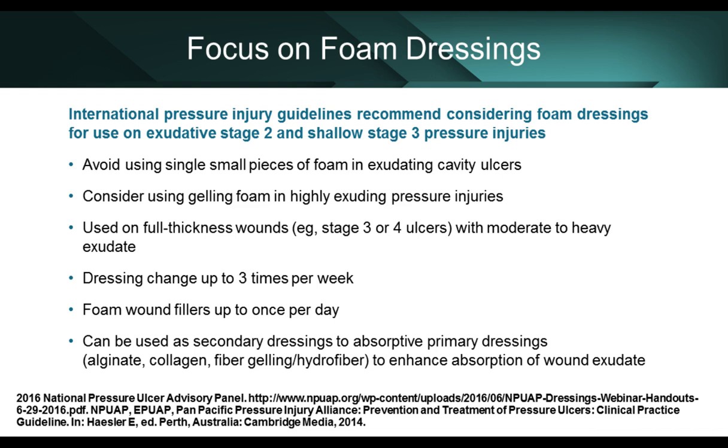Consider using a gelling foam for those wounds that are highly exudating. You can consider using foam dressings on full thickness wounds, stage 3 or 4 ulcers with moderate or heavy exudate. The dressings can be changed up to 3 times a week, foam wound fillers up to once a day, and they can also be used as secondary dressings to absorb some of the exudate.